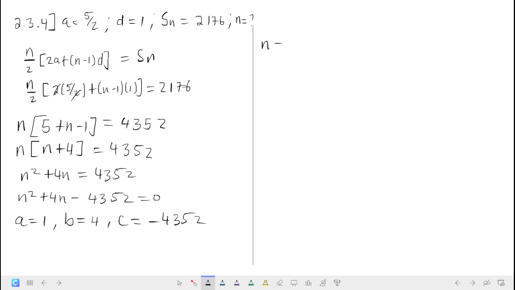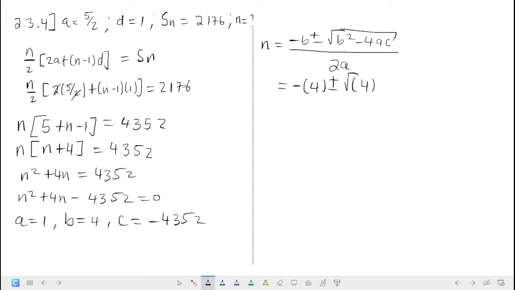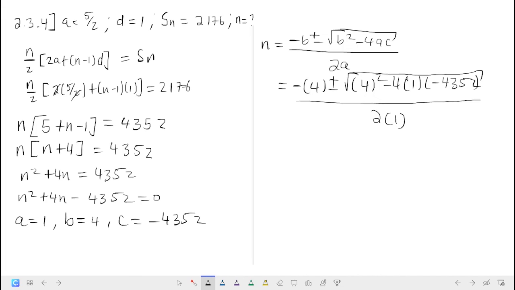Now applying the quadratic formula, minus b plus or minus the square root of b squared minus 4ac, all divided by 2a. Let's substitute: minus 4 plus or minus the square root of 4 squared minus 4 into 1 into minus 4352, all divided by 2 into 1.